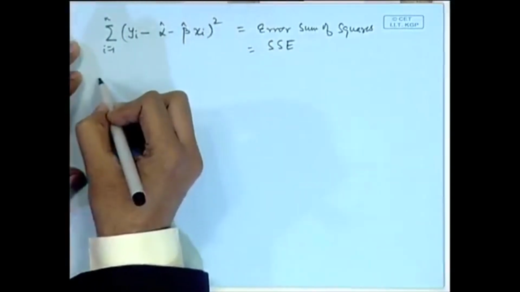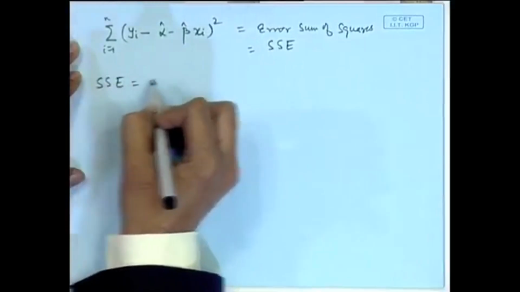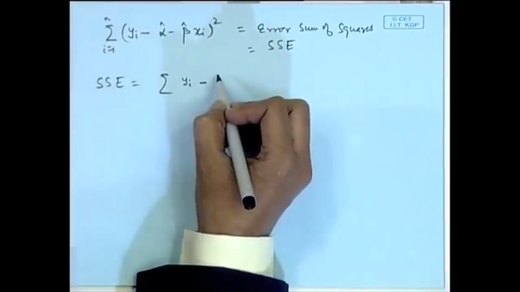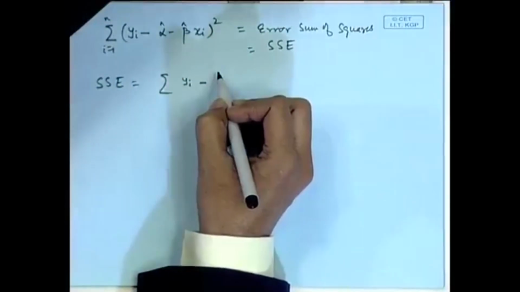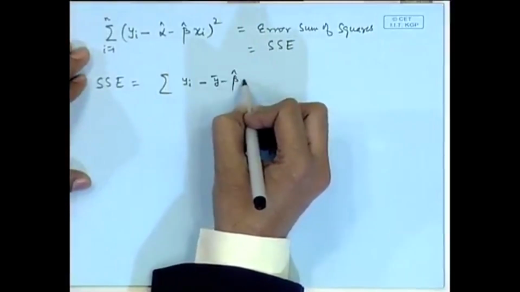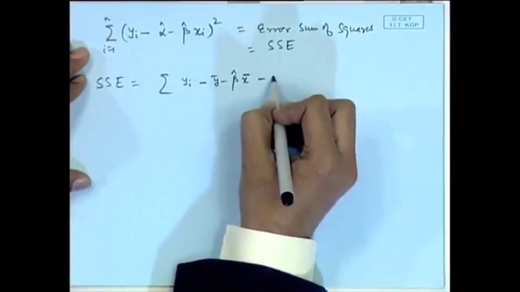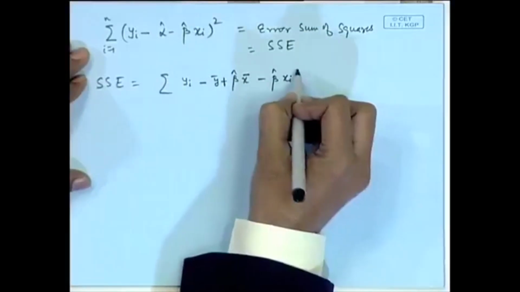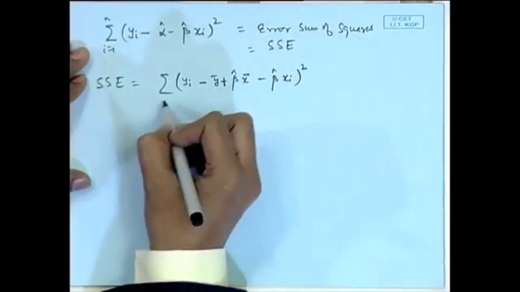Now, if I substitute this, y_i minus alpha hat, where alpha hat is equal to y bar minus beta hat x bar, minus beta hat x_i, so this becomes plus here, whole square. Let us simplify this term.